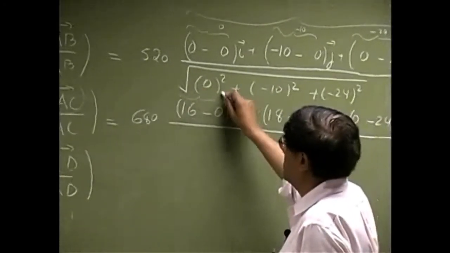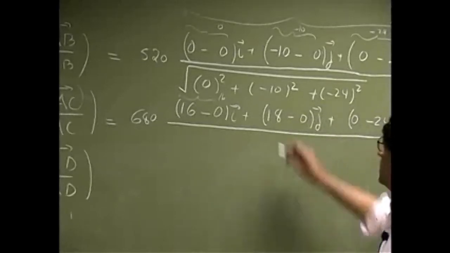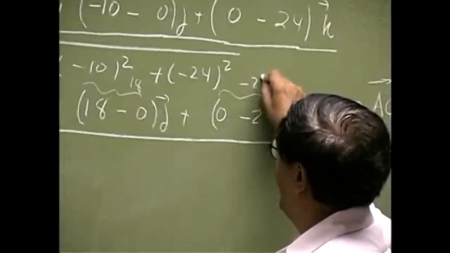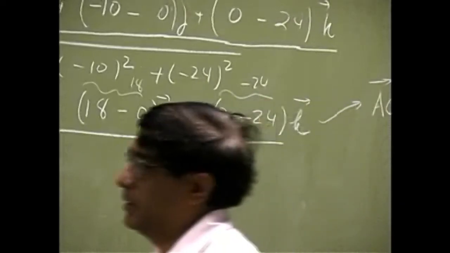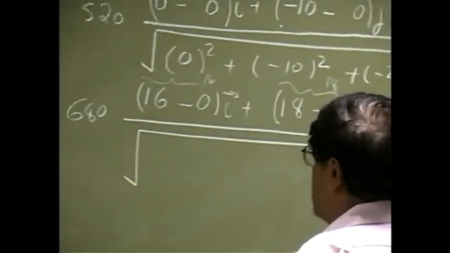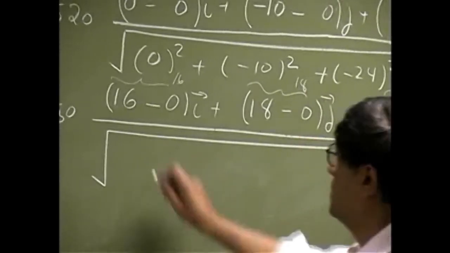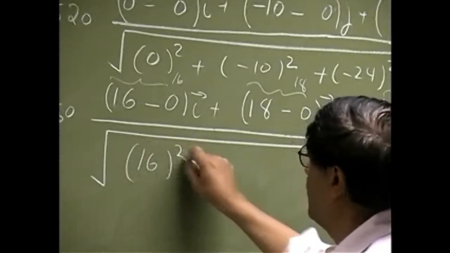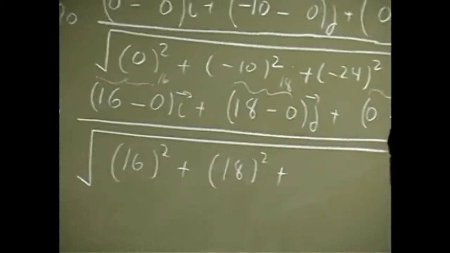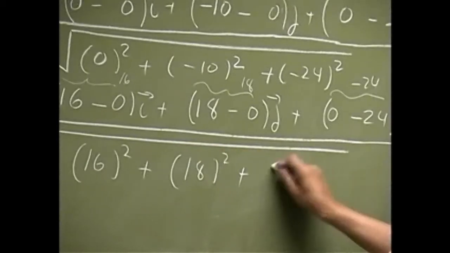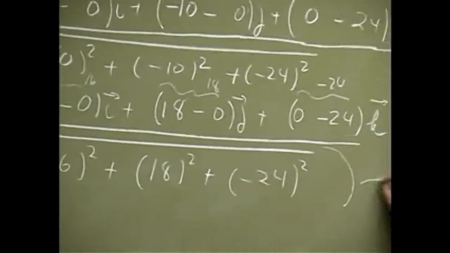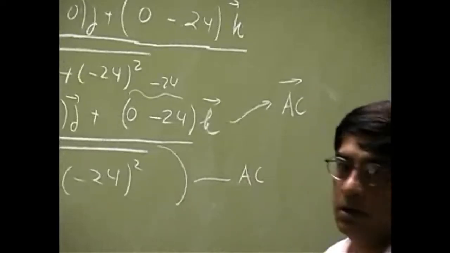This component is going to be 16. This component here is going to be 18, and this component here is -24. Which means if I take the square root, you have 16 squared, then 18 squared, then -24 squared. And the bottom part here is the length of that vector.